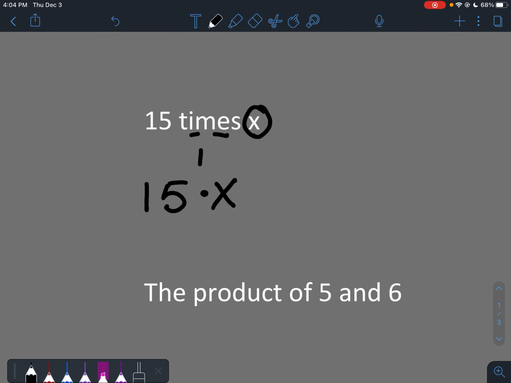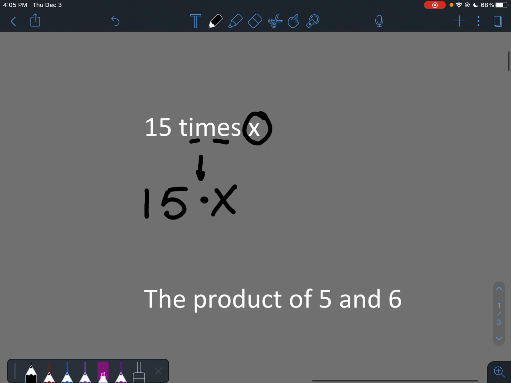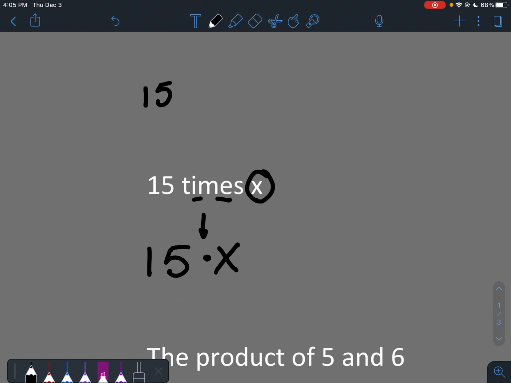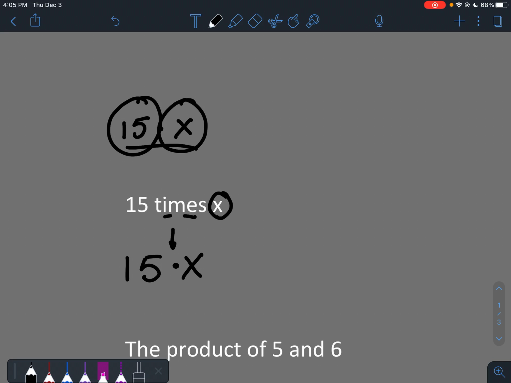Now this is where we're going to start wanting to use that dot, especially if we're talking about something with x, because if you look at this and you say 15 and we use the little x, 15 times x, well, this can get confusing real quick. So that's where we're going to want to use that dot. Now, also, if you have a number sitting next to a variable like that and you have multiplication going on, you can absolutely write this as just 15x.